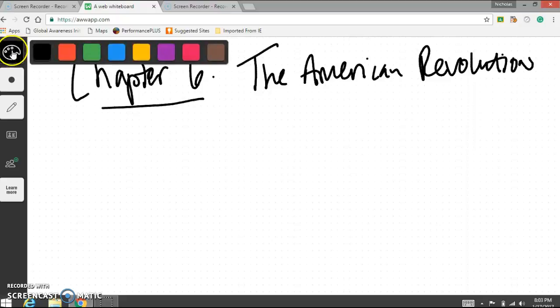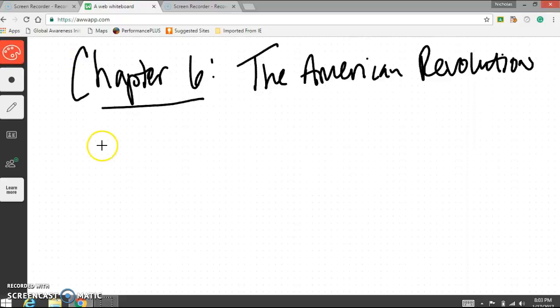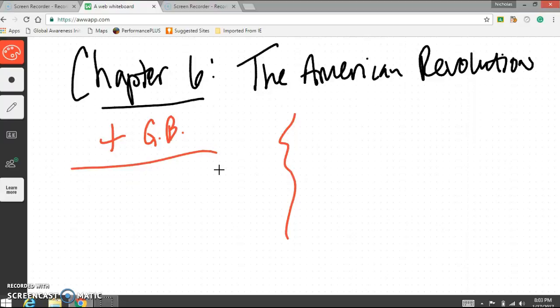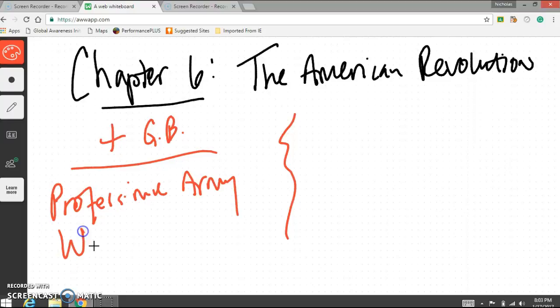And so when we looked at the British, and we looked at the advantages that the British had compared to the Americans, Great British advantages include things like a professional army, they had the wealth of an empire, and they had this large set of resources to pull from.